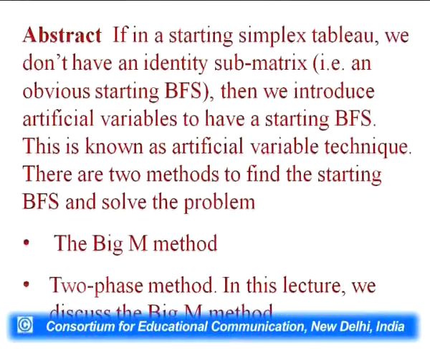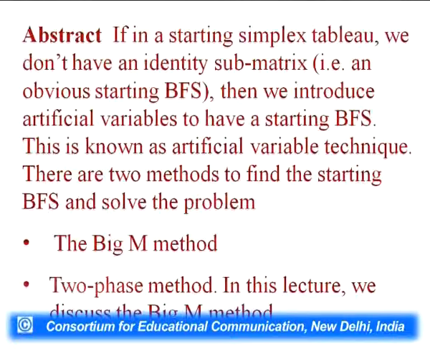kinds of problems. The mathematical explanation to the problem is: if in a starting simplex tableau we do not have any identity submatrix, that is an obvious starting basic feasible solution. So, initially if in the equations we do not find a basic feasible solution, then we introduce artificial variables to have a starting basic feasible solution.